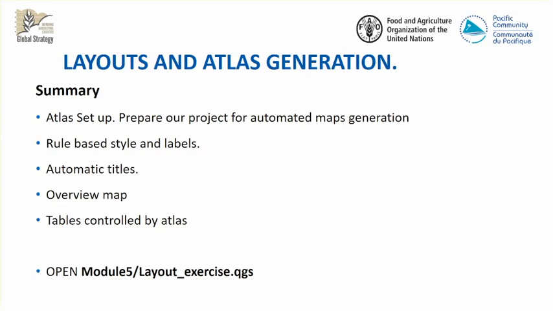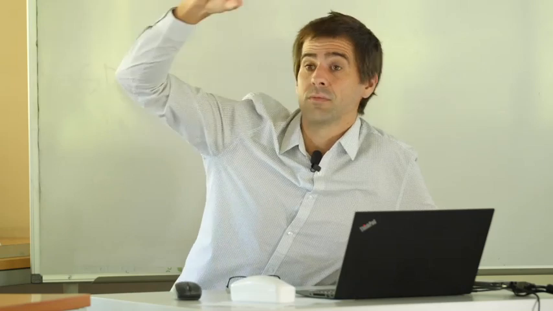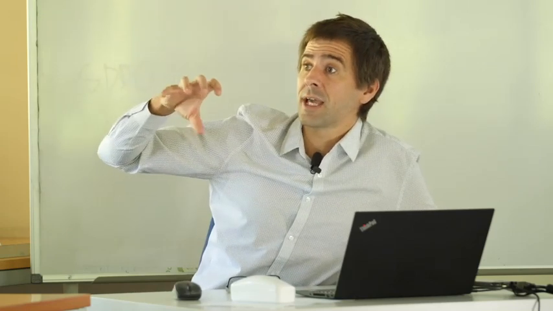Now you will see we're gonna work with the layout and atlas generation. What the atlas generator does is it allows us to produce 100 maps automatically. 100, 200, 300, 700, okay? For example, this is very useful when we are generating enumerator maps. We need to map EA by EA, okay?